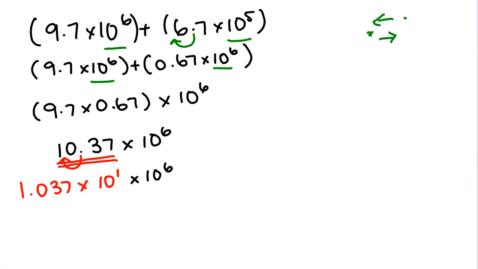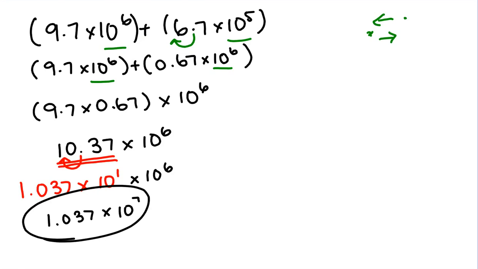So just to recap, we made this into scientific notation so that this could be less than 10. Now we just use our product property, and we are left with this number times 10 to the power of 7.